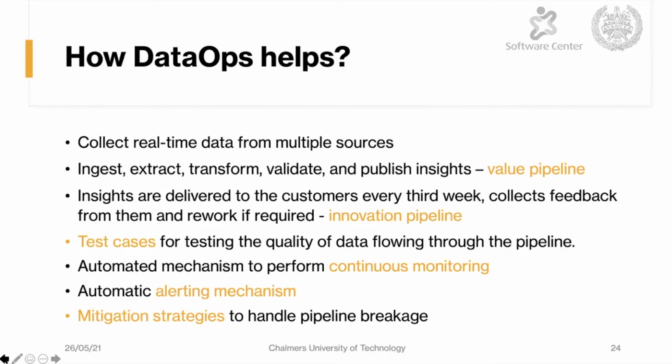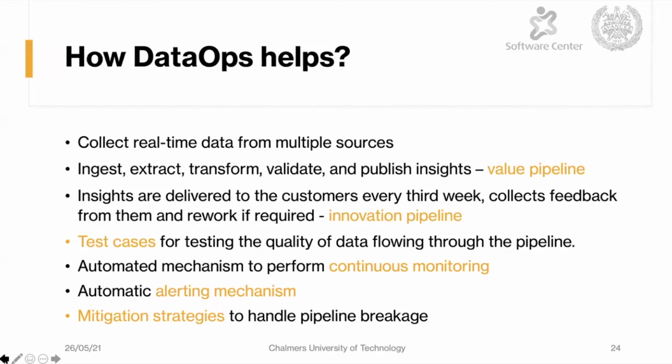The innovation pipeline helps to deliver insights to the customers every third week, collects feedback from them, and does the rework if it is required. The companies that I have worked with were doing this delivery of insights every third week, but this might differ for different companies.